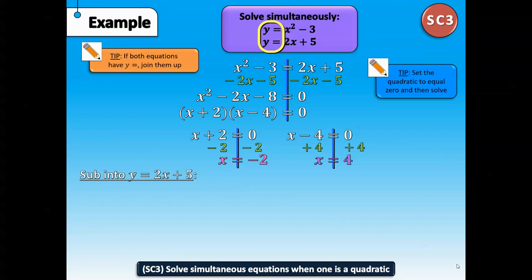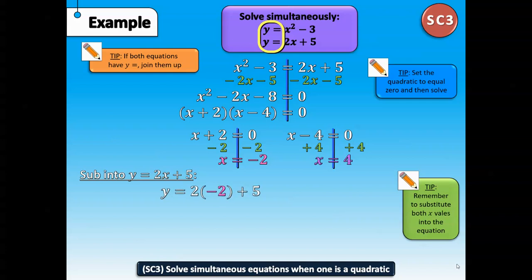So because I've got two answers for x, I'm going to need two answers for y as well. So I can substitute both values of x into the second equation. So y equals 2x plus 5. So when x equals minus 2, y will equal 1.